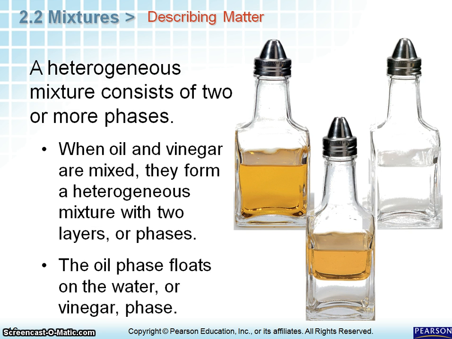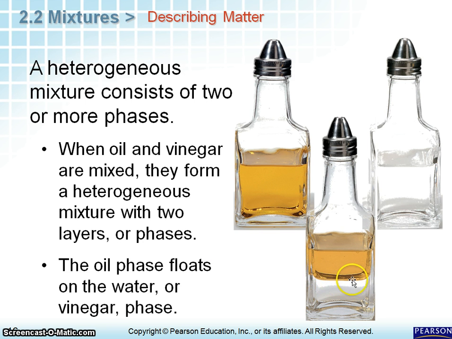So a heterogeneous mixture, a perfect example would be to mix our oil and vinegar, and you would have an oil phase which floats on the water or the vinegar phase. So when oil and vinegar mix, they are a heterogeneous mixture, and you can see here the phase difference.